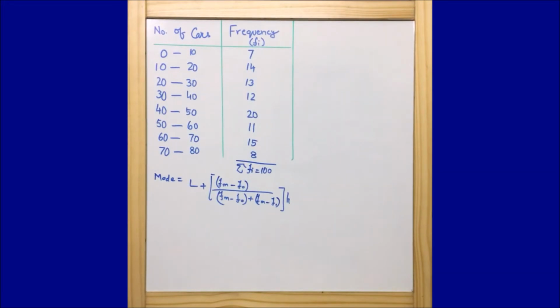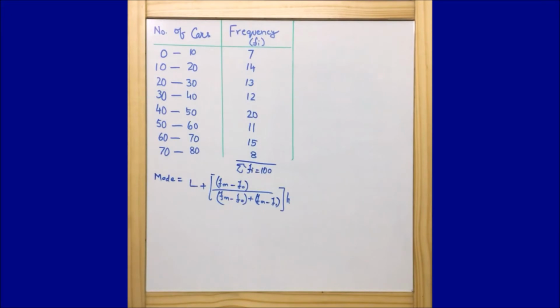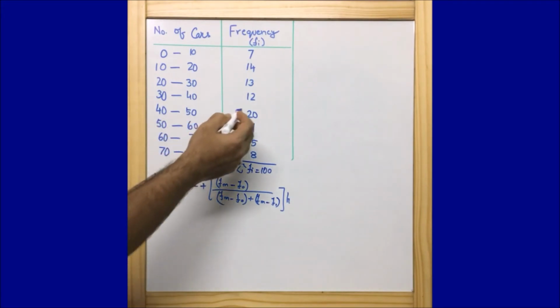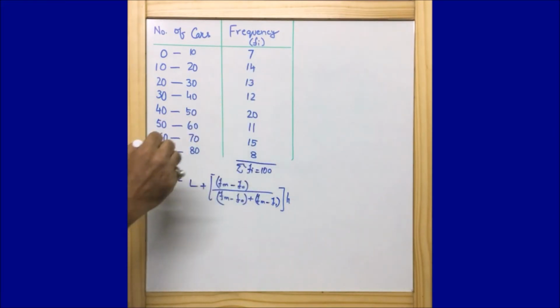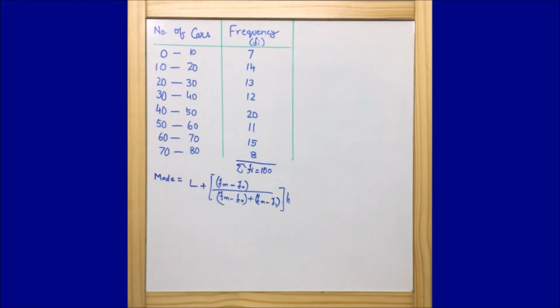Okay, now guys, let us first focus on Fm. Fm is nothing but the frequency, or we call it the modal frequency. So what is modal frequency here? Modal frequency is the number of occurrences which is more here, we take that as the modal frequency. If you look here, the value of 20 is more.